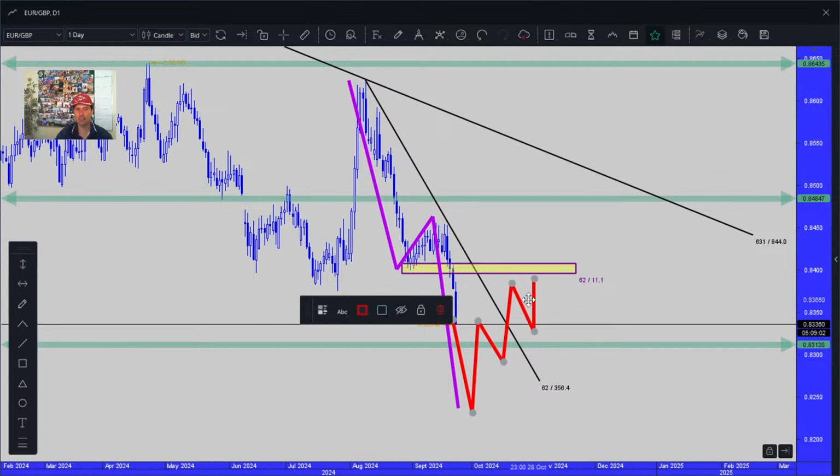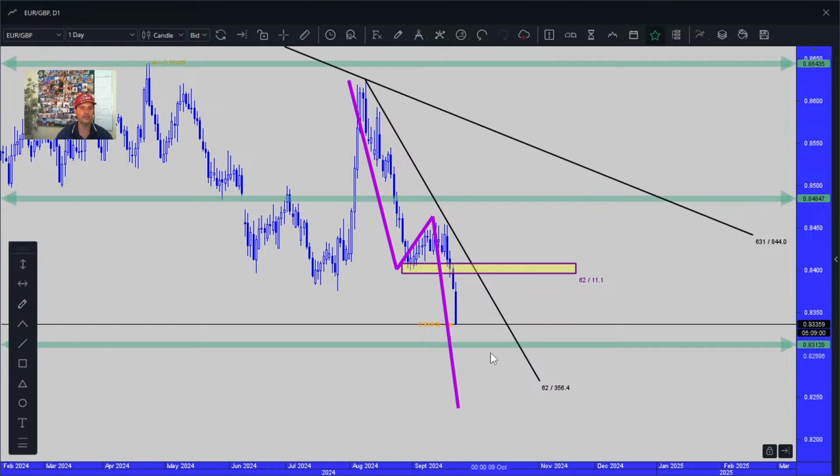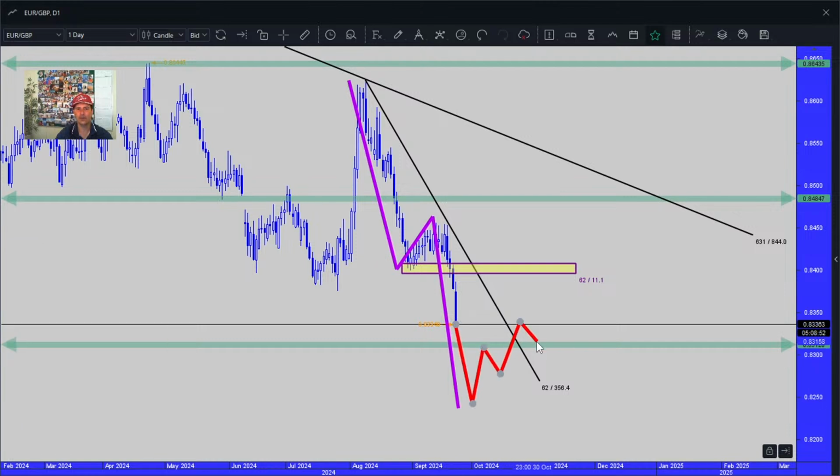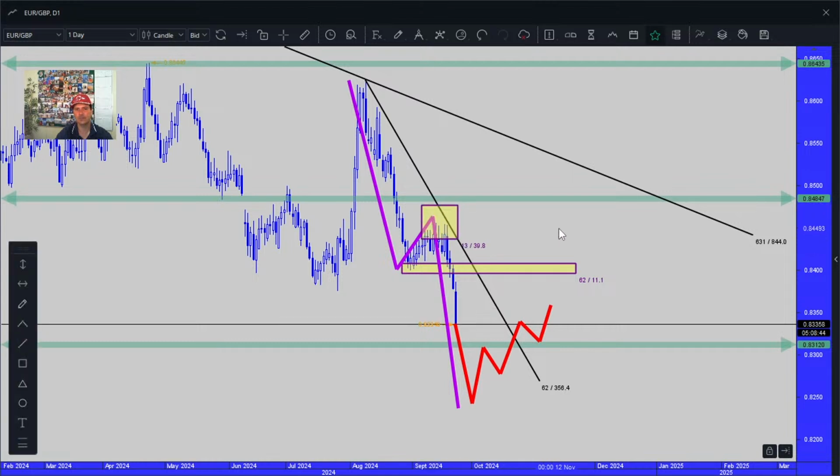Exactly. We need to determine relevant highs and lows. So even if the market is going to make a low in here, higher high, higher low, higher high, higher low, and break the first line, the relevant high that must be broken is this one.